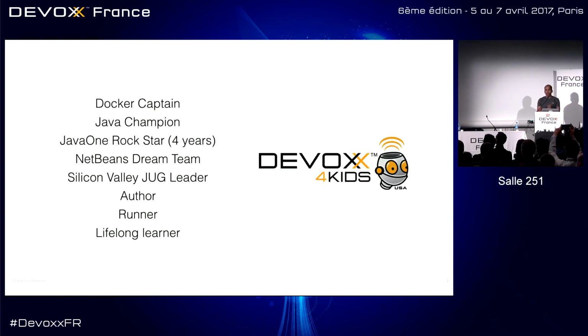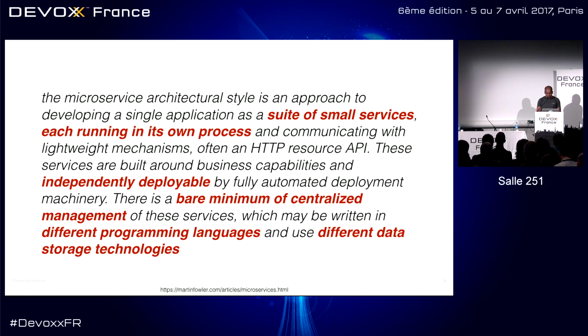About myself, I'm a Docker captain. I've been talking about Docker for a long time. I'm a Java champion as well. I've been talking about Java for many, many years. Bunch of other things: I like to run. I'm an author of several books for O'Reilly, and I'm a lifelong learner, always ready to learn. Whenever I give these talks, I always end up learning more from the attendees, and I try to teach a few things as well.